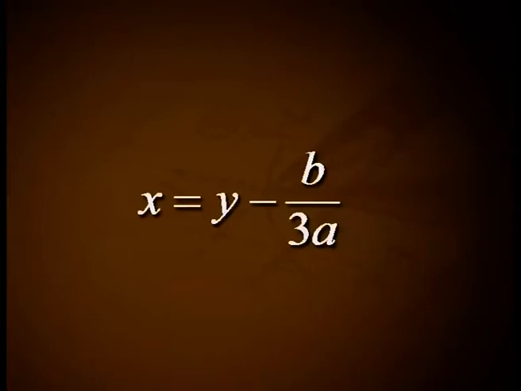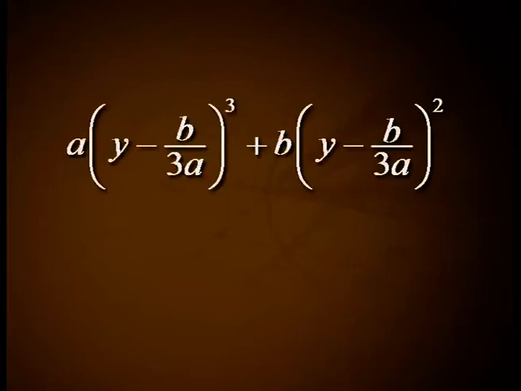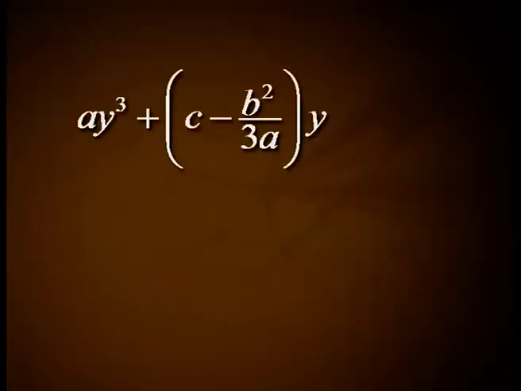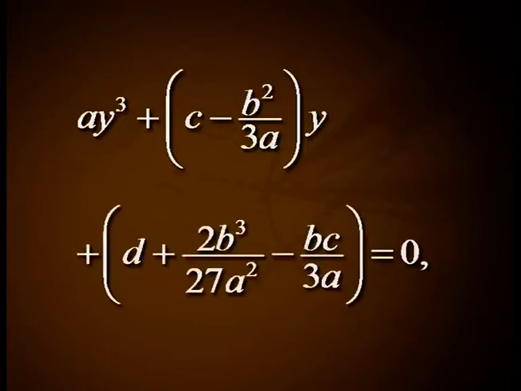We apply the substitution x equal to y minus b by 3a to the cubic equation 1 and obtain a into (y minus b by 3a) whole cube plus b into (y minus b by 3a) whole square plus c into (y minus b by 3a) plus d equal to 0. Multiplying out and simplifying, we obtain a y cube plus (c minus b square by 3a) into y plus (d plus 2b cube by 27a square minus bc by 3a) equal to 0, a cubic equation in which x square term is absent.